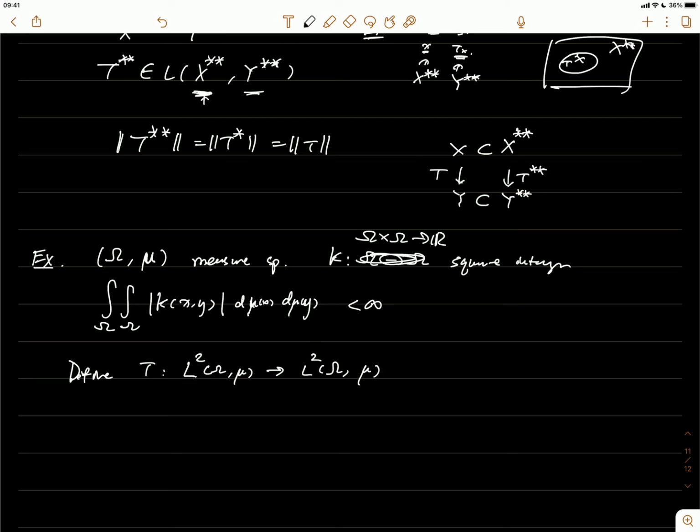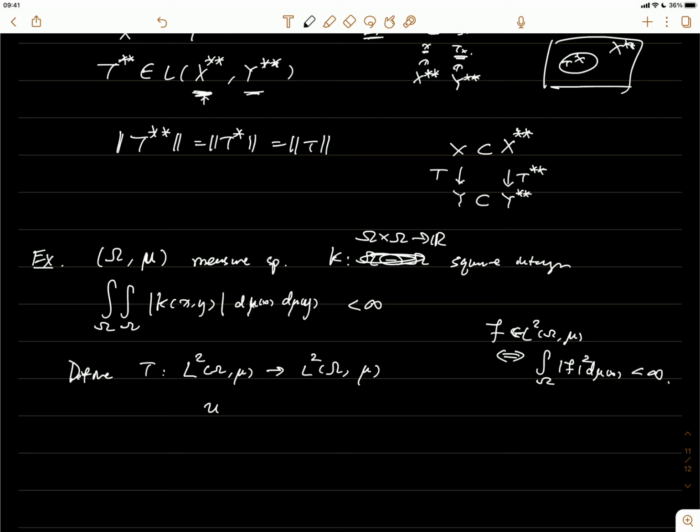If f is in here, it just means that the integral of f squared d mu x is finite.